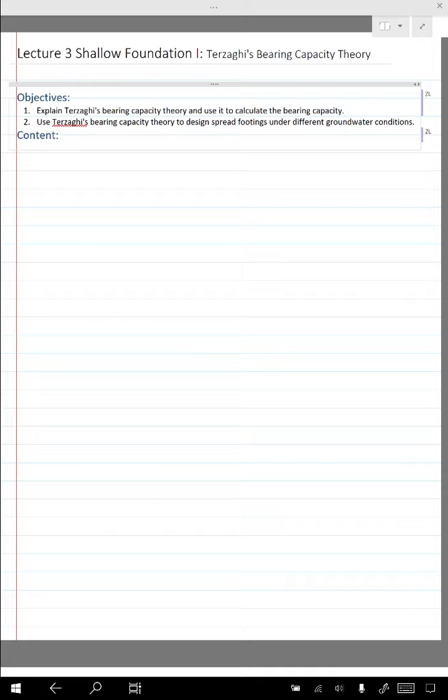Before we start introducing Terzaghi's bearing capacity theory, let's first offer some basics about shallow foundation and design.